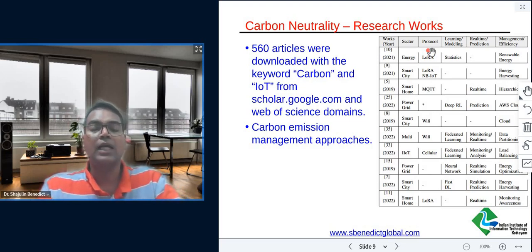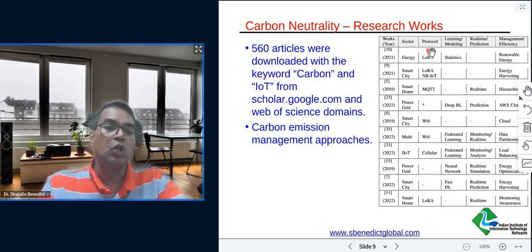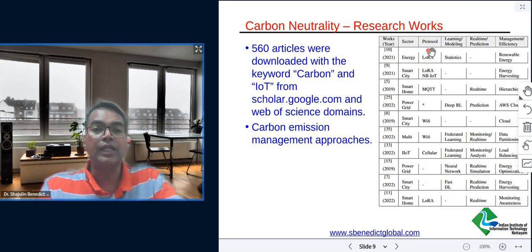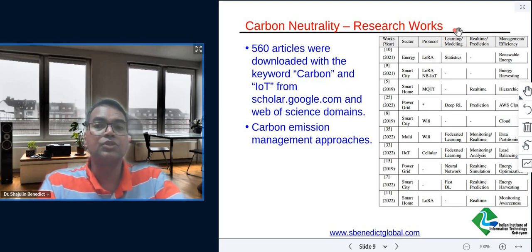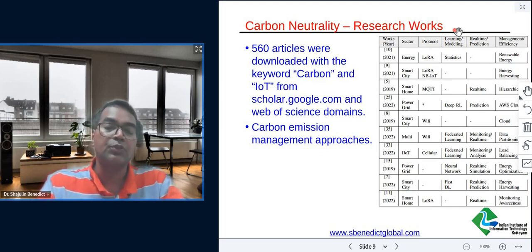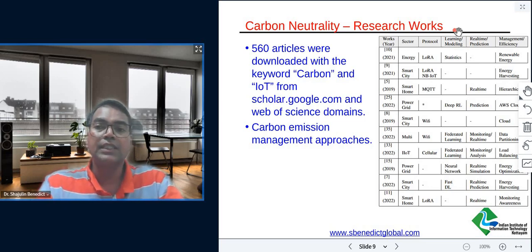This particular protocol has a capability of withstanding long distances. And if you see the learning algorithms or learning models that were implemented especially for learning purposes in IoT applications, we could see federated learning is most often targeted, including federated deep learning concepts.